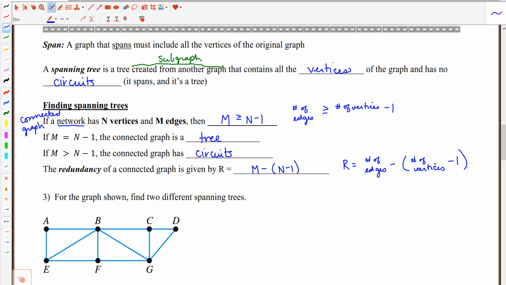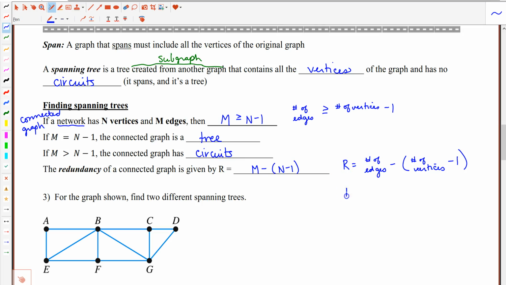Maybe another way to think about this is the number of vertices minus 1 is going to be the bare minimum number of edges a tree has to have. This number of edges is the number of edges that are actually in your graph. The difference between the two of these will be how far away your graph is from being a tree, and we call that the redundancy.